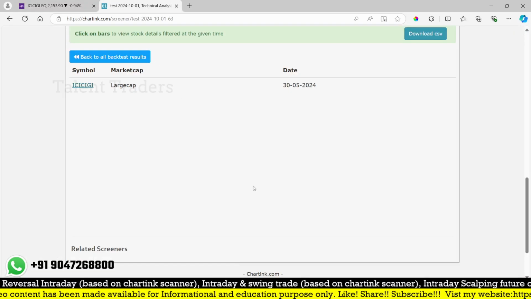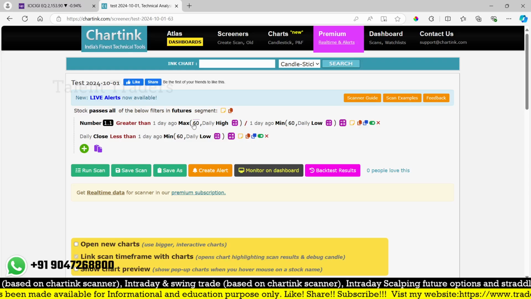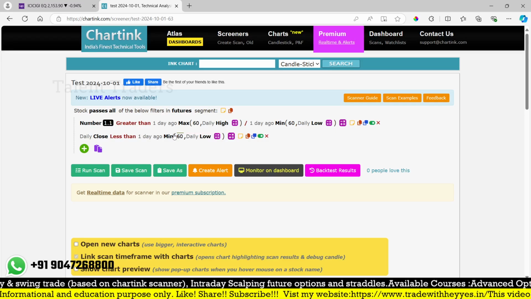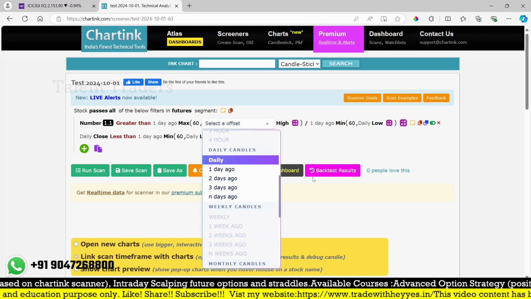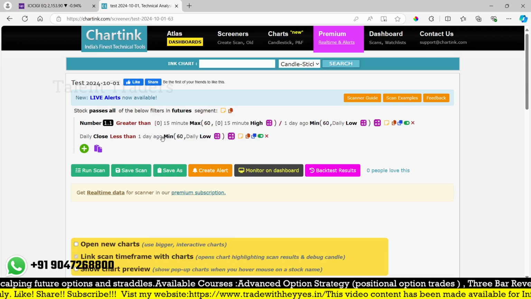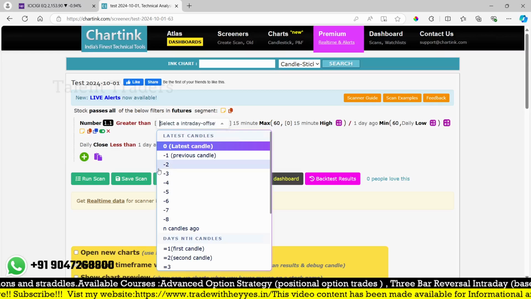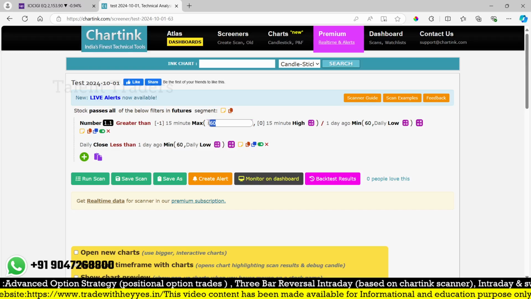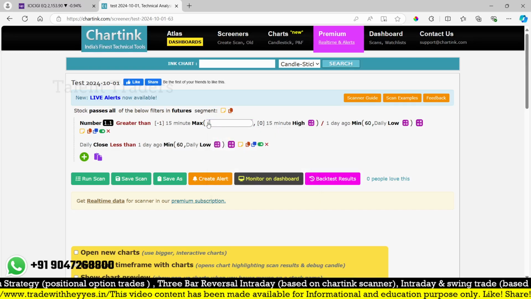So whatever details you are exactly looking for, here you need to mention that exact date and the time. So if I want to go for 15 minutes or 5 minutes, let me go for 15 minutes here. I'm just going to change the time frame, and this scanner will also be updated, on my 15 minutes, minus 1, 15 minutes, for example 20 candles.